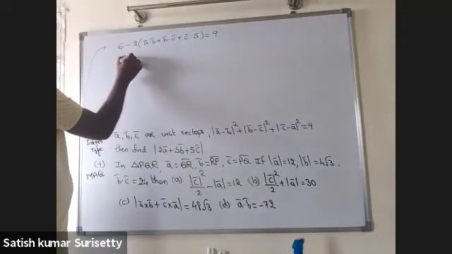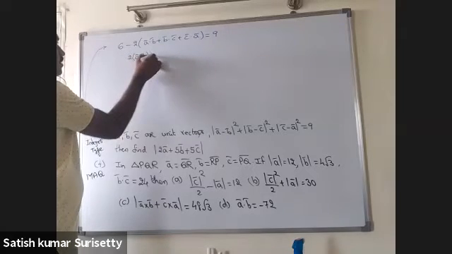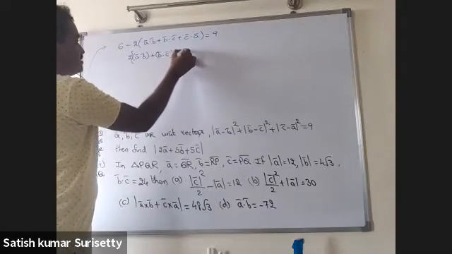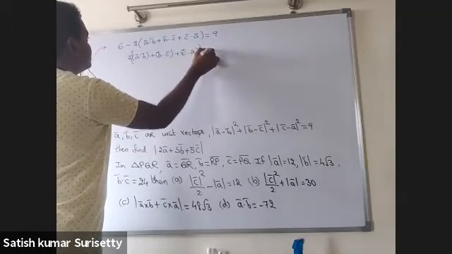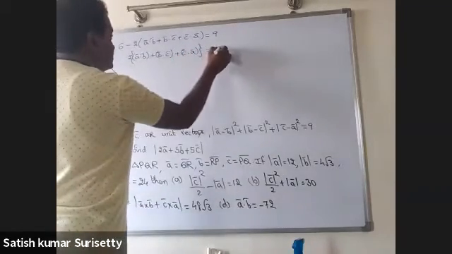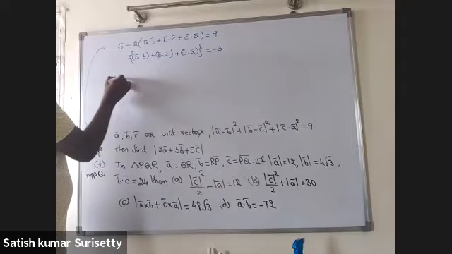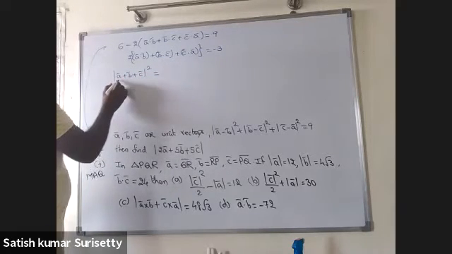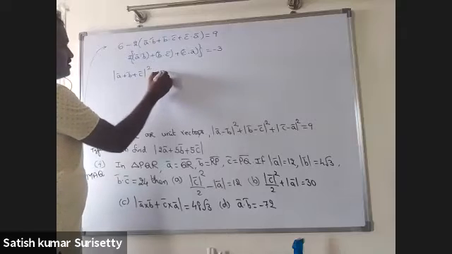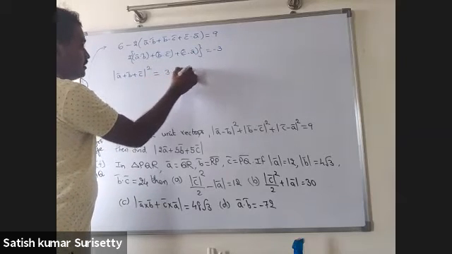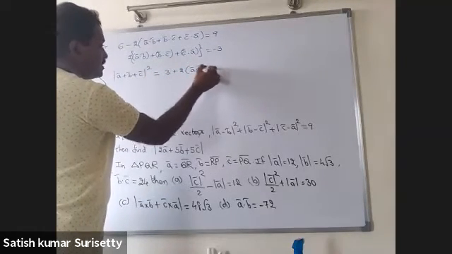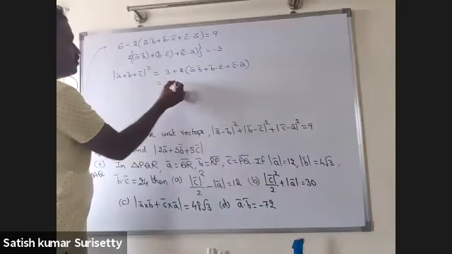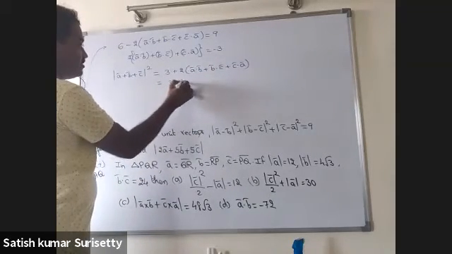That means 2 into A bar dot B bar plus B bar dot C bar plus C bar dot A bar equal to minus 3. Now if I consider modulus of A bar plus B bar plus C bar whole square, so modulus of A square, modulus of B square, modulus of C square is 3 plus 2 into A bar dot B bar plus B bar dot C bar plus C bar dot A bar, which is same as 3 plus 2 into this minus 3. So it will be 0.